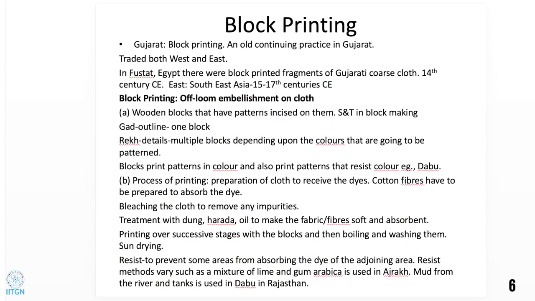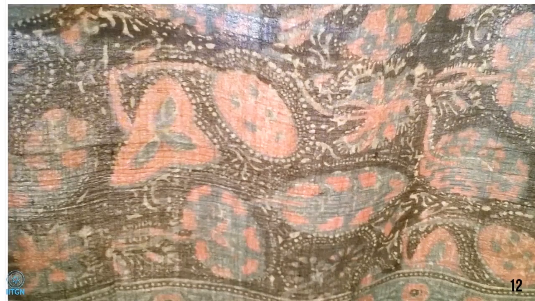This is Ajrakh that we have. This is a contemporary piece of Ajrakh. Again, please note that this is the trefoil motif they have picked up from the trade cloths that went to Southeast Asia and to the Gulf, to Cairo.